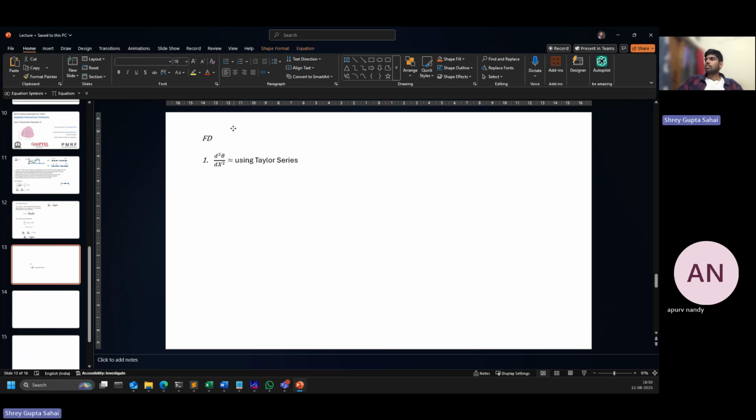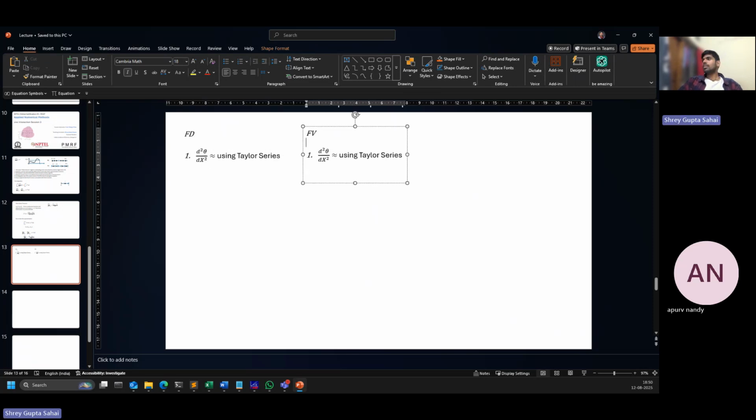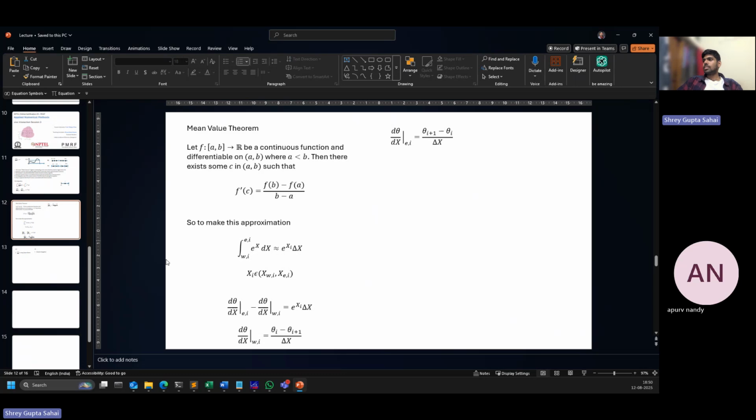Now comes the case of finite volume. Although it is not clear here, step one is volume integration. Let me write that down. That is our first step. Step two is, as a consequence of the integration, you're going to get this.